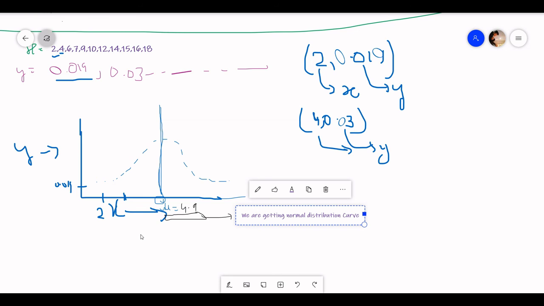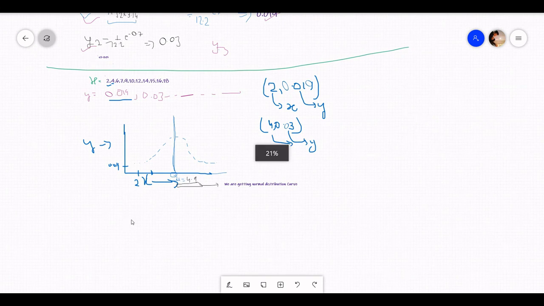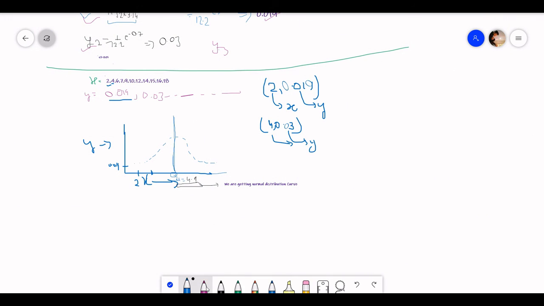We have some more concepts related to this curve. We will talk about skewness in that. If our data is normally distributed, then it will show us that our data is a balanced data set.